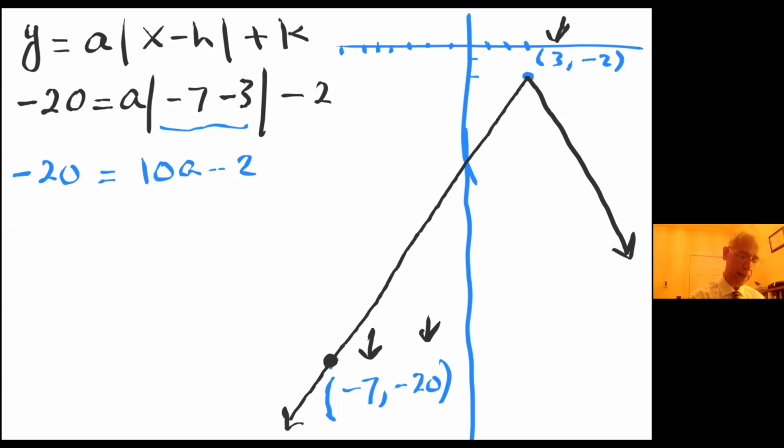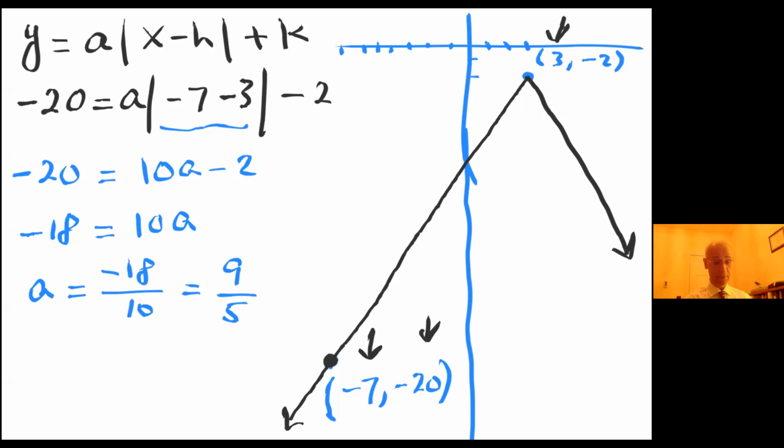Add 2 to both sides, I get -18 equals 10a. And so a equals -18 over 10, or -9/5.